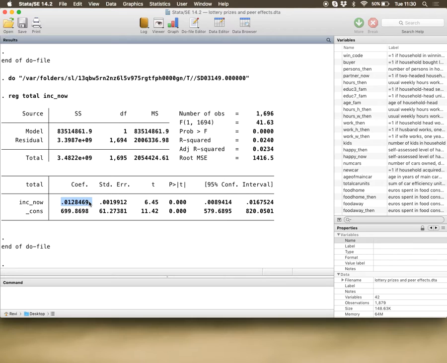Question is, how do you determine if it's significant or not? You determine it by looking at this t-value or this p-value. If this p-value is less than the significance level, then we say that it is significant at that significance level. So for example, if I was doing it at 1% significance level, this p-value is much smaller, right?